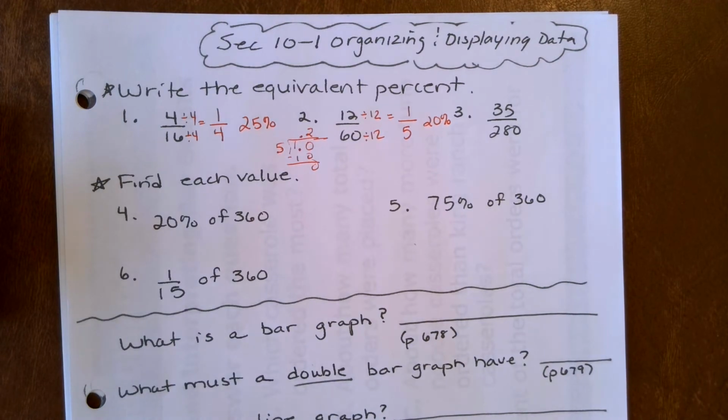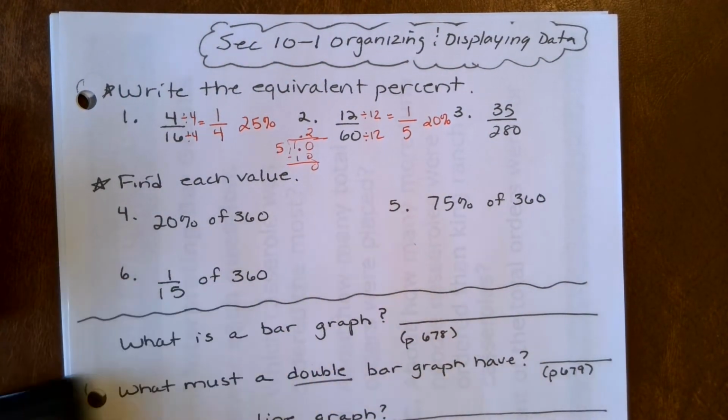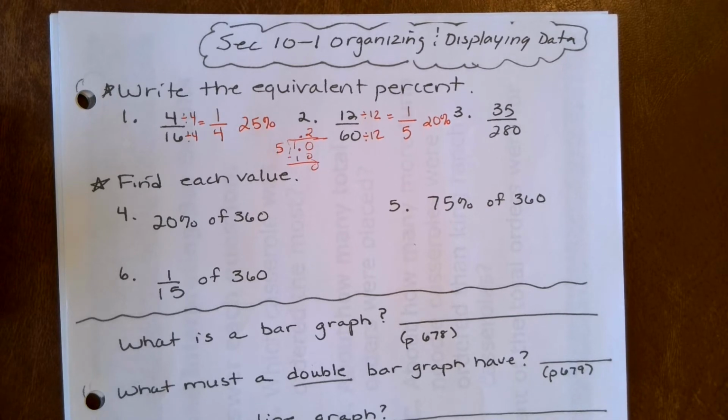And 35 over 280. Let's see, obviously you can divide them both by 5. Oh, you can divide them both by 7. Actually, can you divide them both by 35?